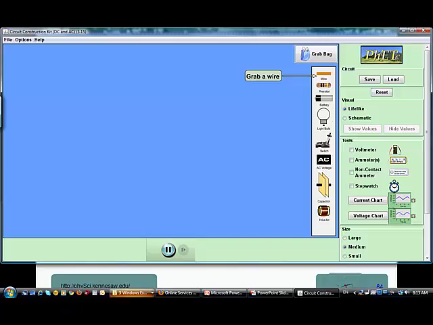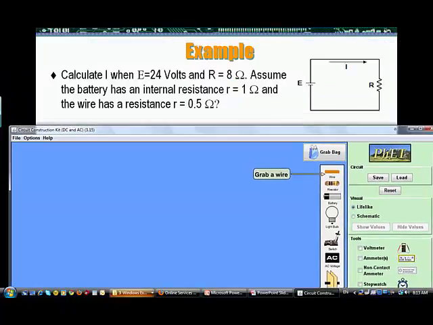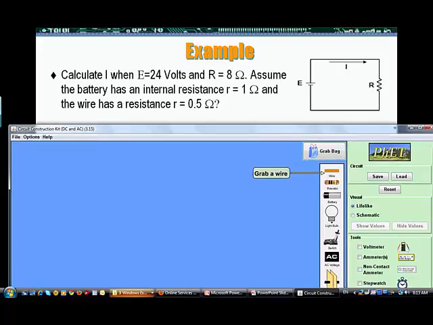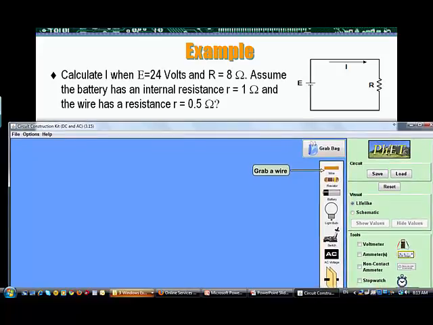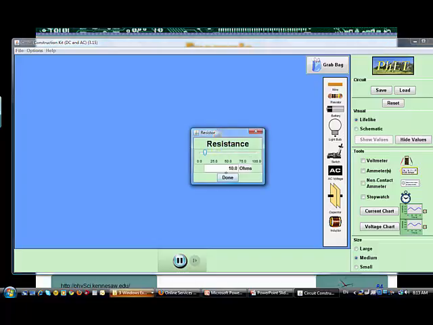Okay, this simulation allows you to build circuits. So in this case, I'm going to have a circuit like the one we had in the question, where we have a battery of 24 volts and a resistor of 8 ohms. Okay, so this is the resistor. I'm going to turn it around, right click, change resistance.